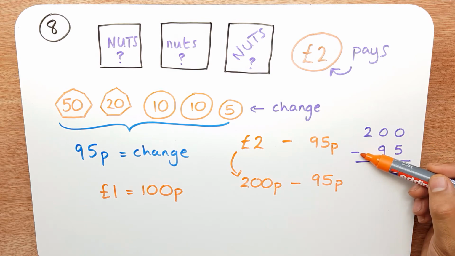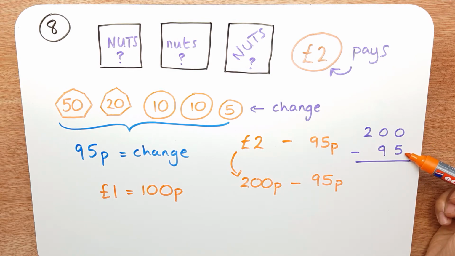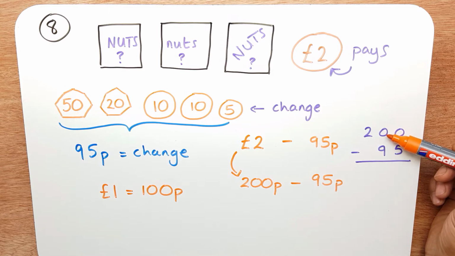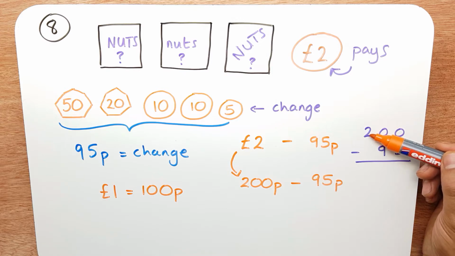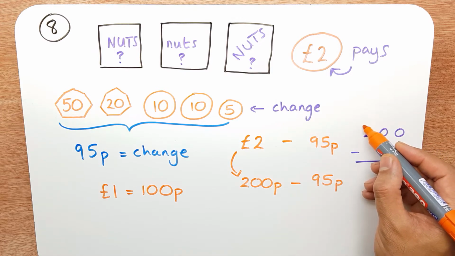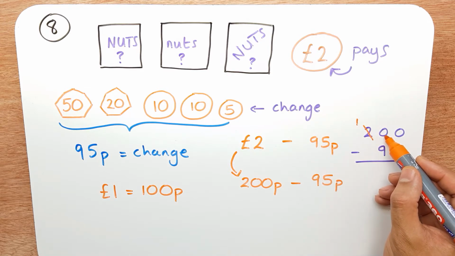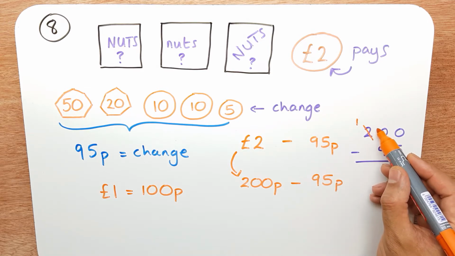0 take away 5 we can't do. So this has to borrow from the neighbour, but the neighbour can't give anything. So this 0 has to borrow 1 from here. So this 2 becomes a 1. And the 1 we've borrowed turns this 0 into a 10.